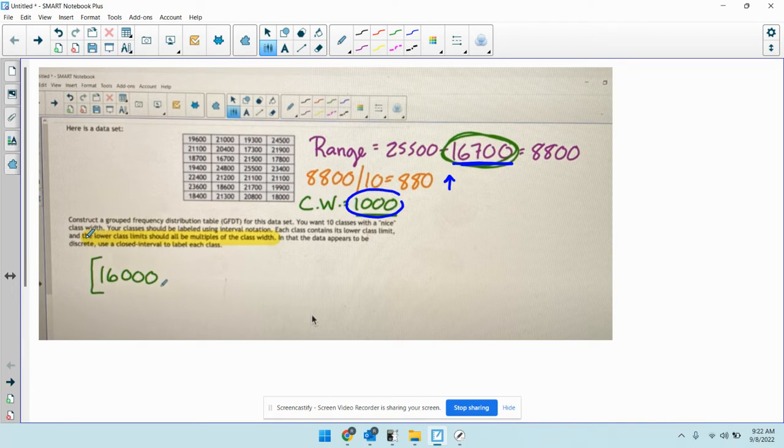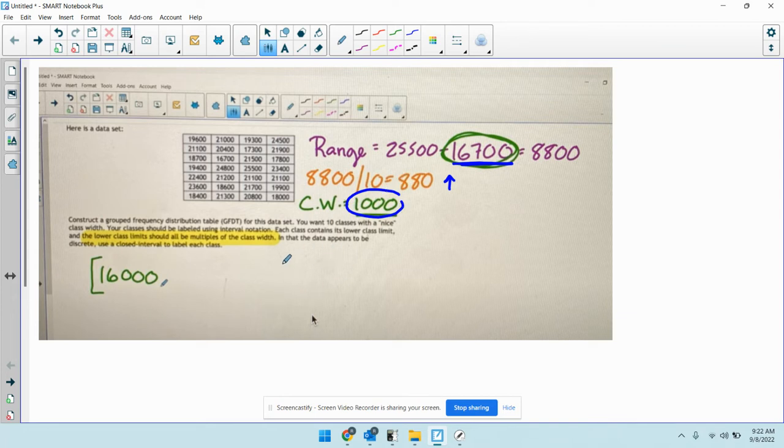The important thing to keep in mind here is that whatever the class width is, the lower class limit should be a multiple of the class width. So since the class width is 1,000, the lower limit of my first class should be a multiple of 1,000.